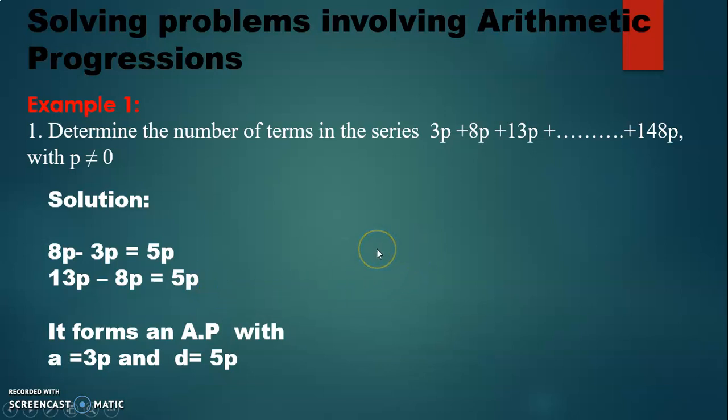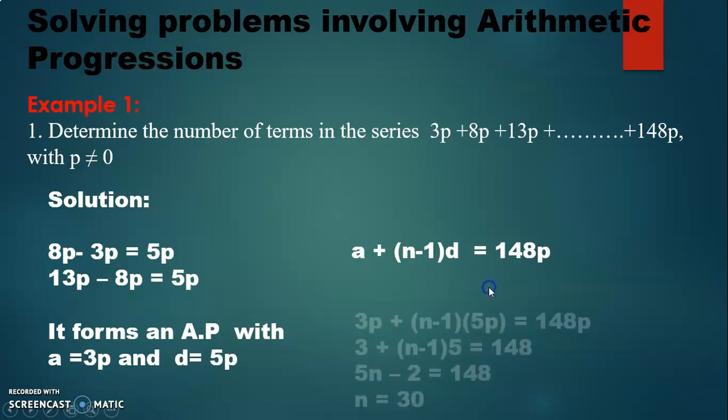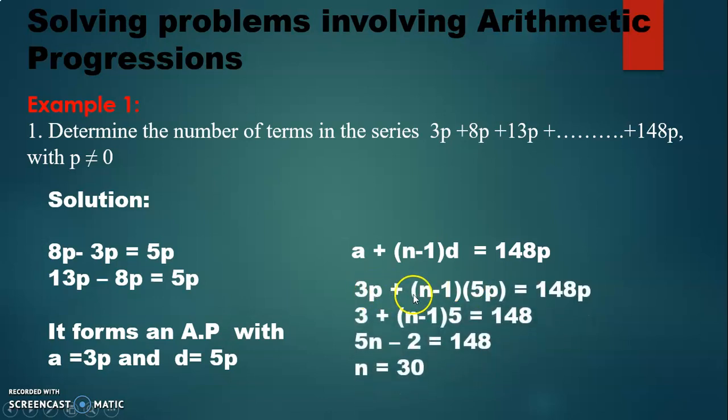So AP means we know the Tn 是 a 加 (n minus 1) 乘以 d 嘛，the last one is the nth term, 148P. So if you substitute the a and d, you get 3P plus... cancel off all the P, you solve this equation, one unknown, one equation, n equals 30. That means you have 30 terms here.